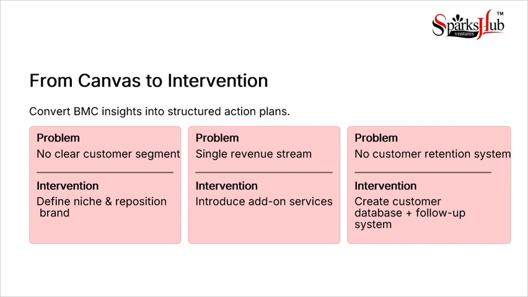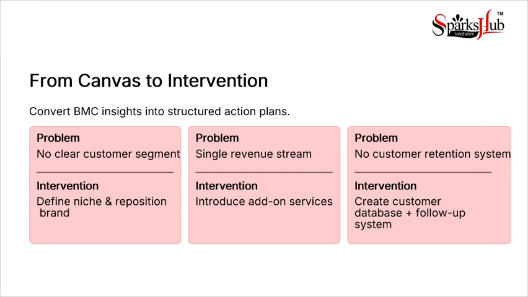So let's move from canvas to intervention. You need to know how to convert insights that the business model canvas provides for you into structured action plans. Looking at the examples given, if you identify a problem where there is no clear customer segment, your intervention should toe the line of defining a niche and repositioning the brand.